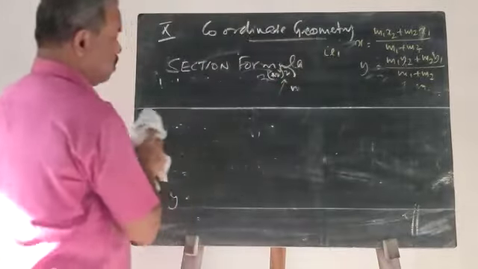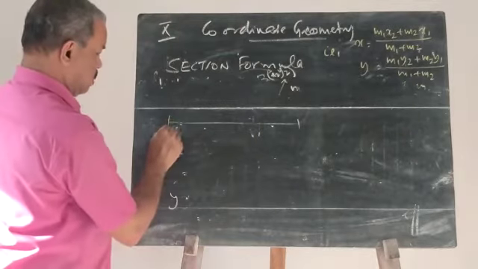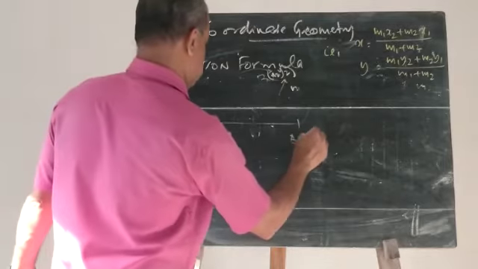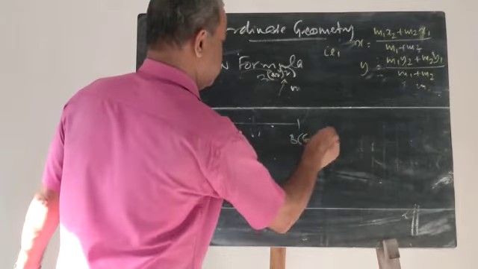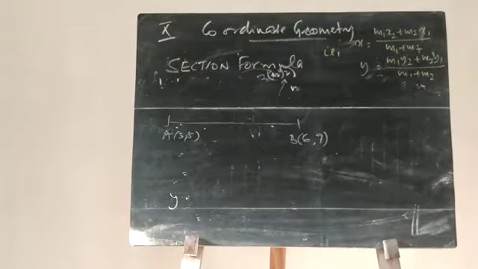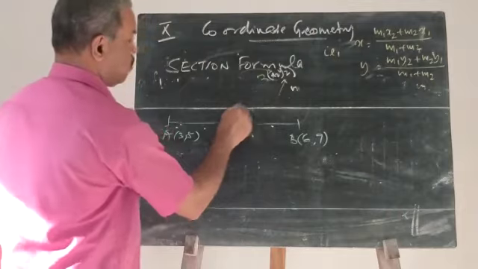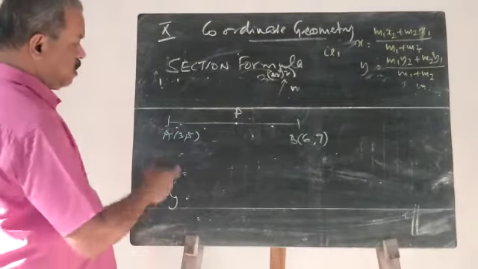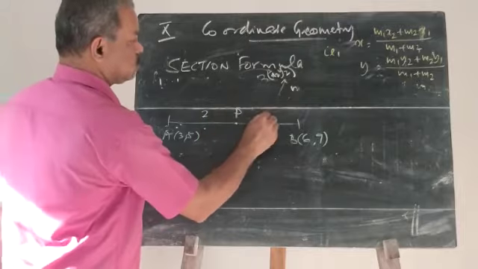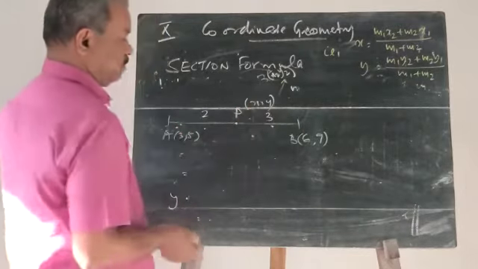Now suppose we are given a line segment whose coordinates are A (3, 8), B (6, 9). P divides the line segment in the ratio 2:3. What are the coordinates of P?